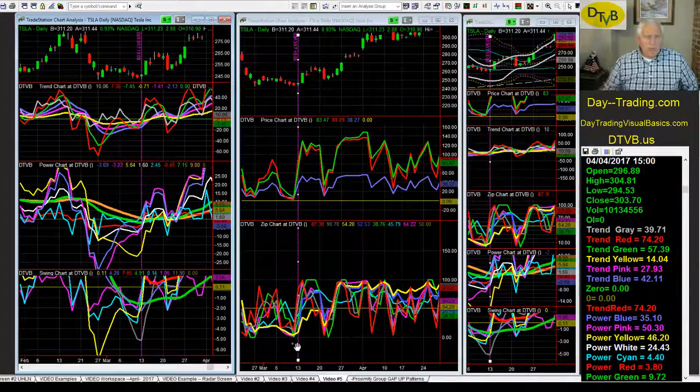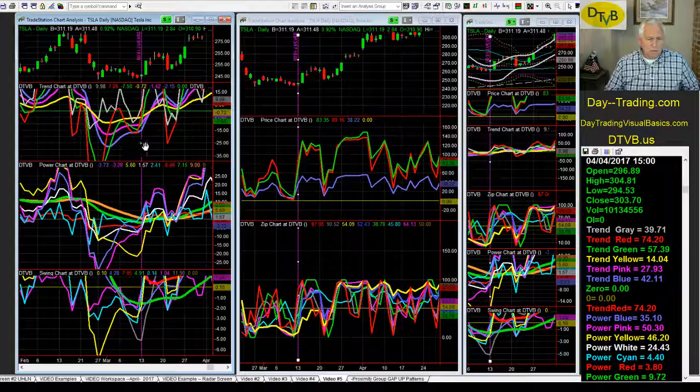As well, if you go up into the trend chart, I'll expand this a little bit. You can see that yesterday, the last red candle, red was in a low angle down touching the blue, and green was right above it going down.